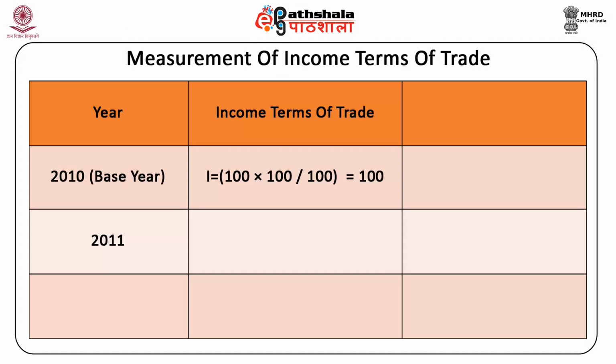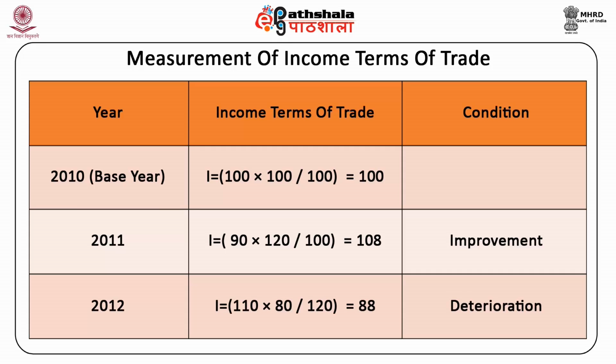For the year 2011, we have income terms of trade as 90 divided by 100 multiplied by 120, which equals 108. And similarly for the year 2012.